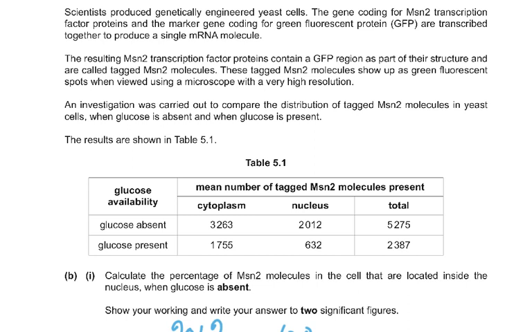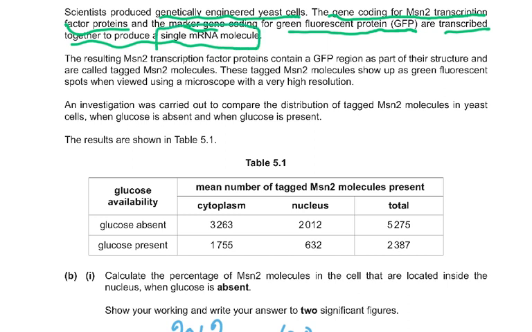We come to the next part of this question. Scientists produce genetically engineered yeast cells. The gene coding for MSN2 transcription factor proteins and the marker gene coding for the green fluorescent protein, GFP, are transcribed together to produce a single mRNA molecule. The resulting MSN2 transcription factor proteins contain a GFP region as part of their structure and are called tagged MSN2 molecules.